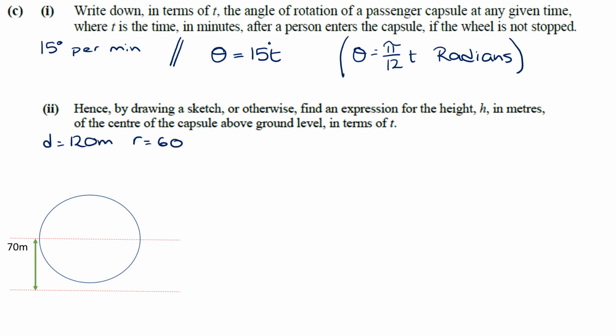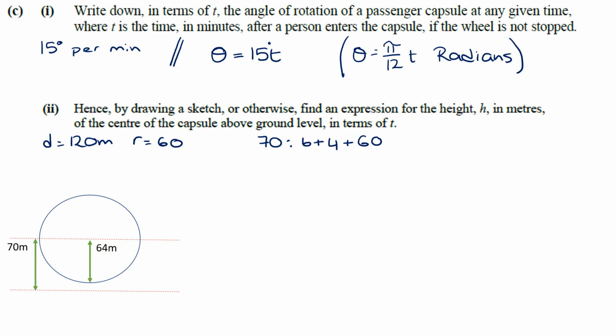So my 70 is made up of 6 off the ground, 4, plus my 60. And that's where we get that. So this gives me 64 from the center of the wheel. 60 is the radius to the outside, or the external circumference, plus the 4 that will bring us to the center of the passenger car.